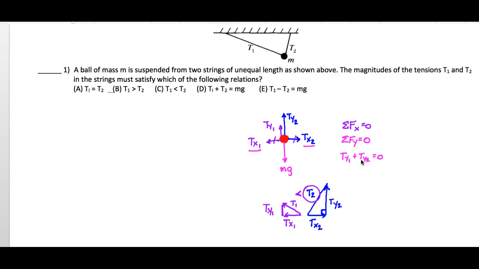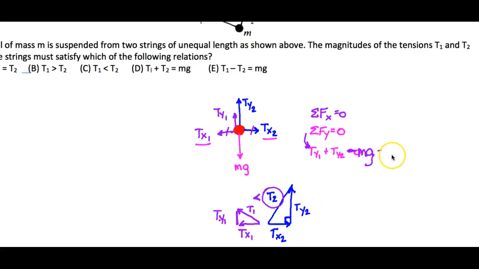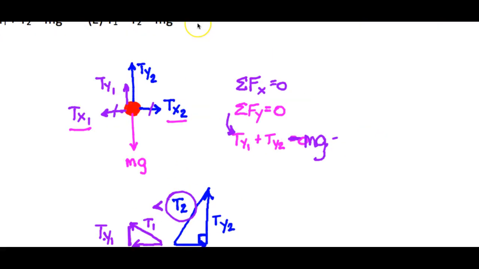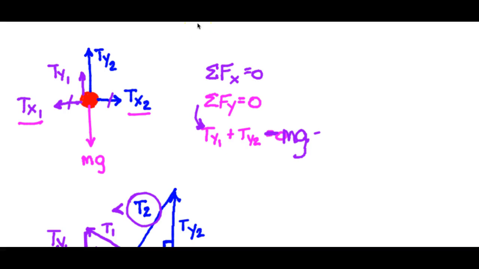So what we're not saying is that in our dynamics equation, by the way, I think I made a mistake here. I forgot to include the weight. Ty1 plus Ty2 minus mg is equal to 0. That's my mistake there. So let me zoom back out because I think I make that mistake again.